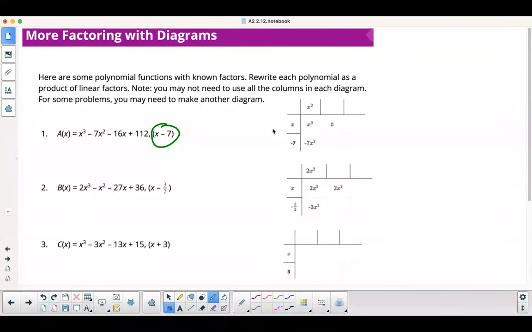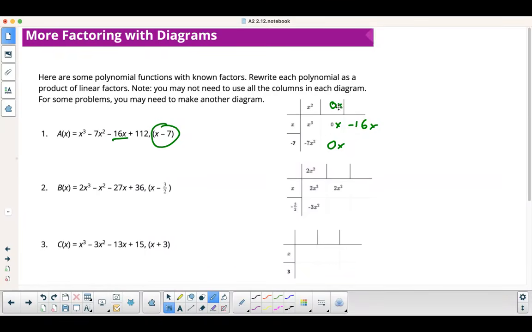So x times 0 would mean this would have to be 0 here, because 0 times x to get 0 would have to be 0. Then 0 times -7, you can fill that in as 0. And then we go here. This would be the x normally. So we need my x's to add up to -16. So this would have to be a -16x, because you're thinking of these like a 0x. Yeah, because this is x cubed, so you want these to be x squareds.